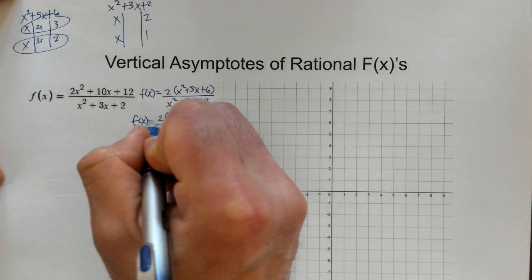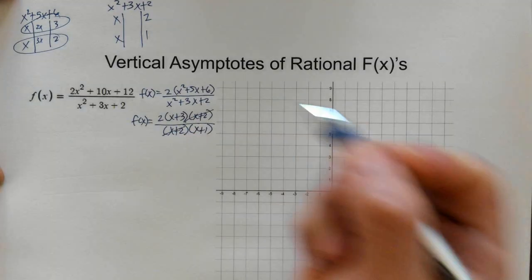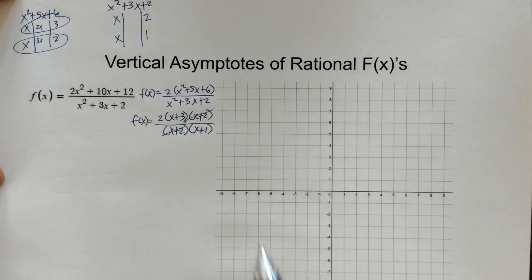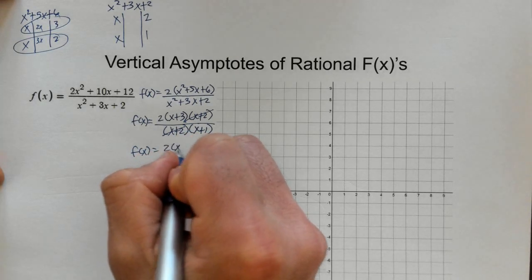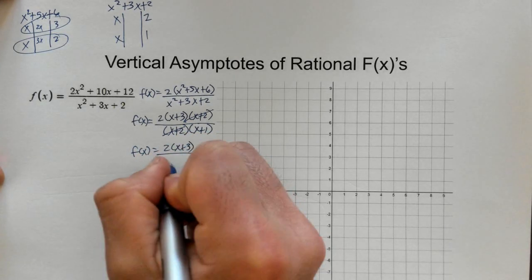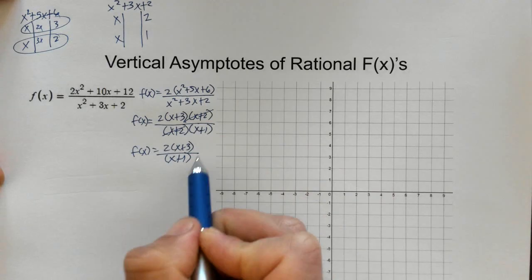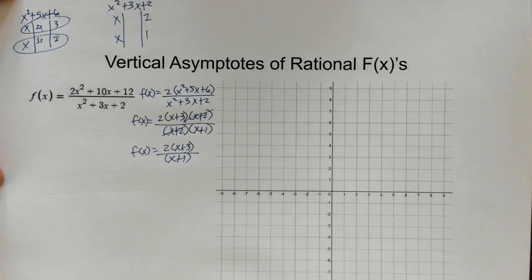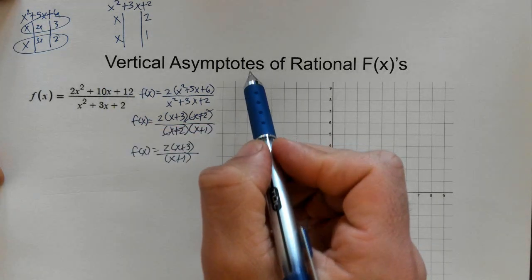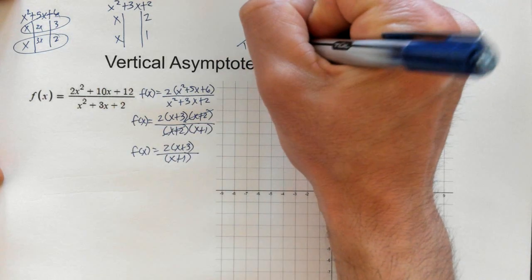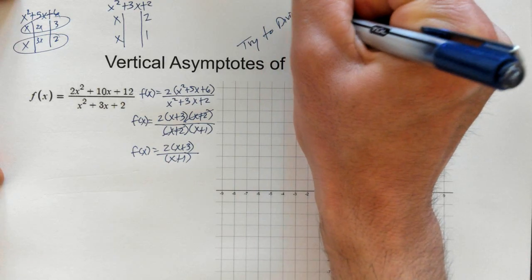Notice how here I'm able to simplify the function. I can cancel some of them out. And now I have f of x equals 2 times x plus 3 divided by x plus 1. This is what I want to be able to graph, right? Now the function will have a vertical asymptote anywhere that you try to divide by 0.